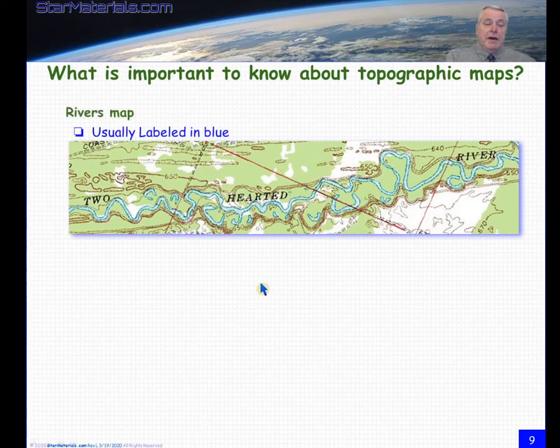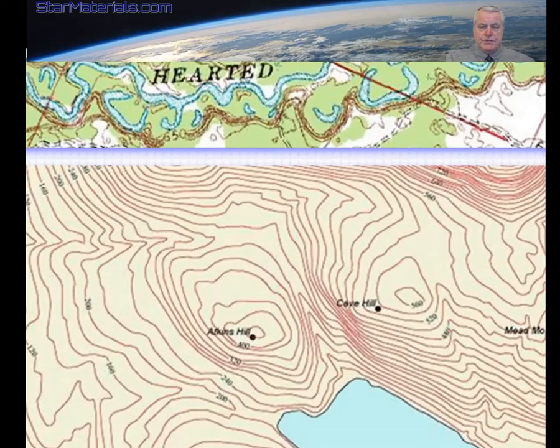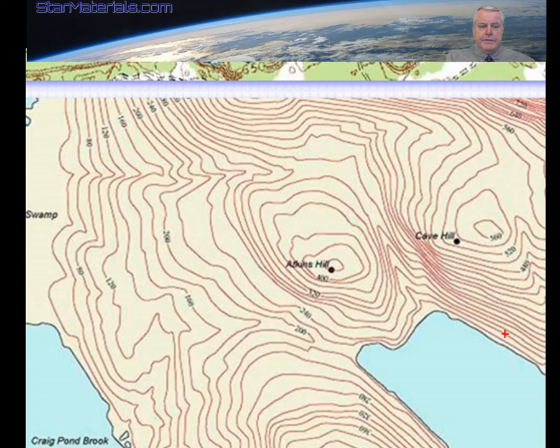Now, we have a map that is just rivers. And they're usually labeled, and they're usually labeled in blue for some reason. Now, on a contour map, the contour lines always point uphill. Let me show you two of these. These contour lines, they always point uphill.